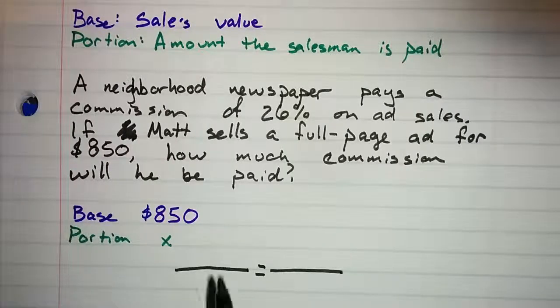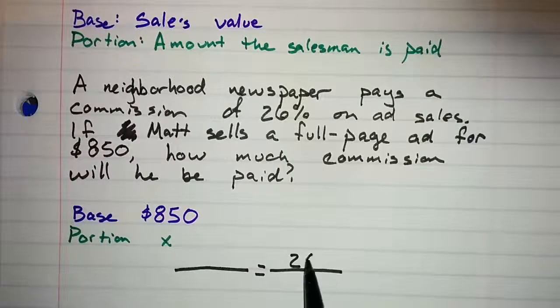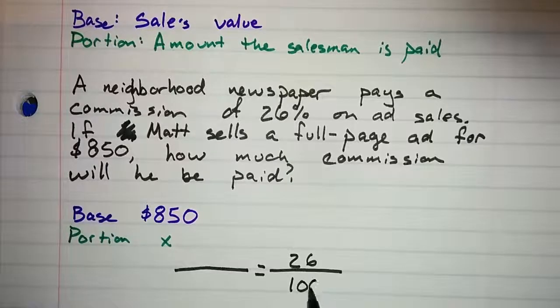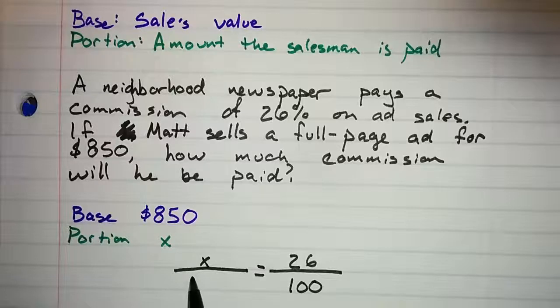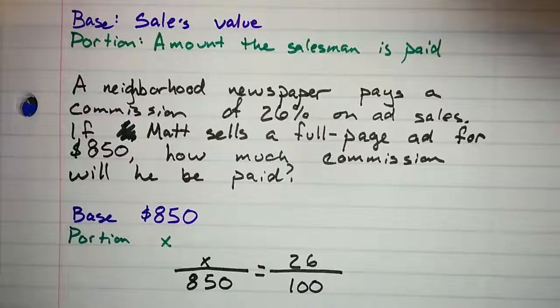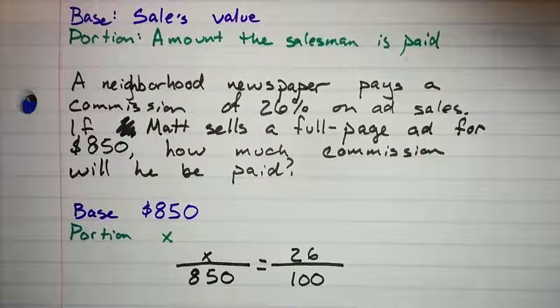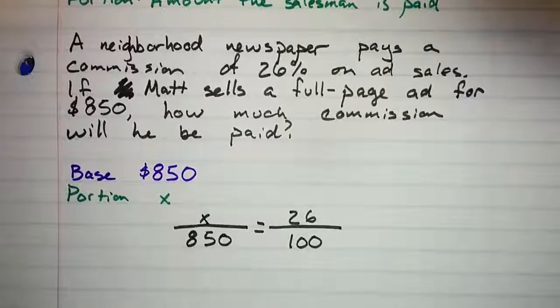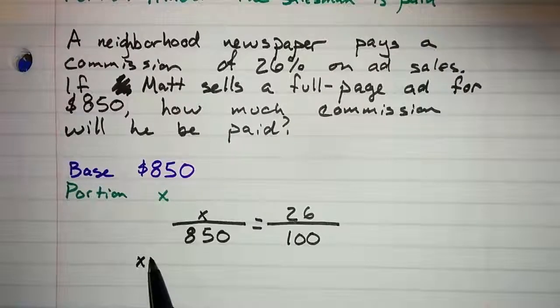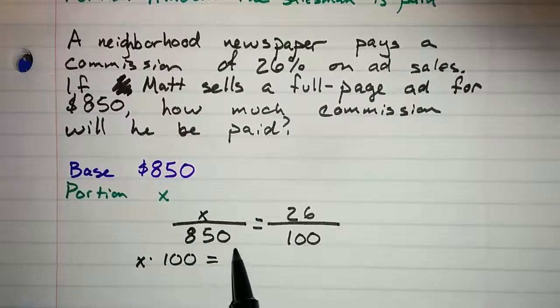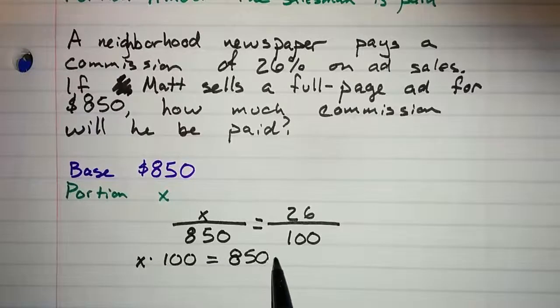So 26% is the amount that Matt is paid over 850. All right. This is a proportion, so cross-multiplying is our friend. X times 100 will be 850 times 26.